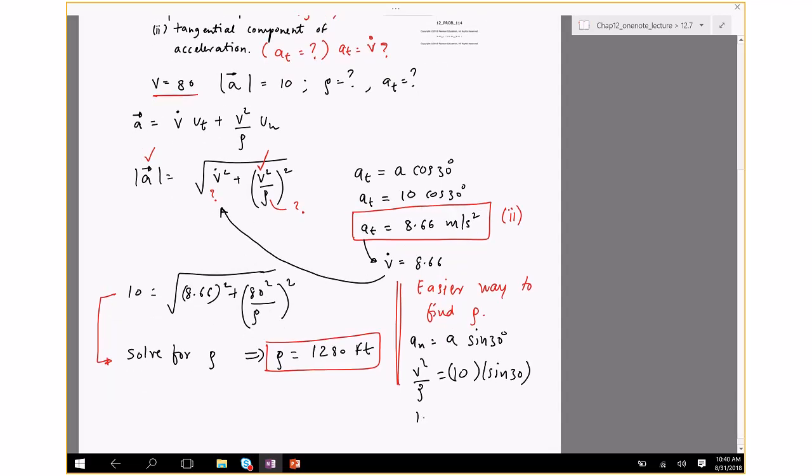V is 80 square divided by rho equals 10 sine 30. So when you do this, you should get the same answer. No, my bad. This is not 10, this is 80 square. So you can check me out on that. 80 square divided by 5, yeah. Comes out to be the same, 1280 feet. So there's an easier way to do it without having to do that complex square root expression. Okay, any questions?